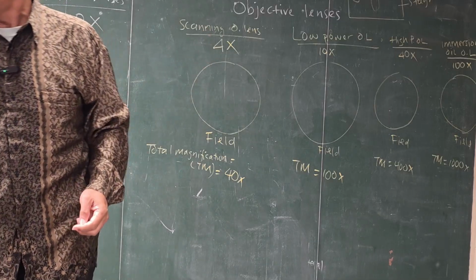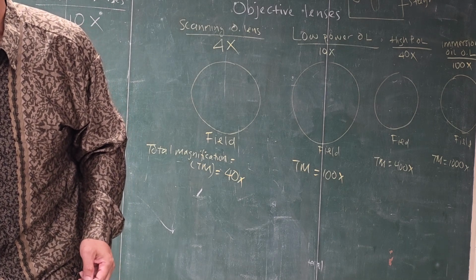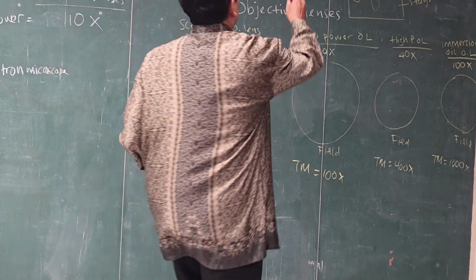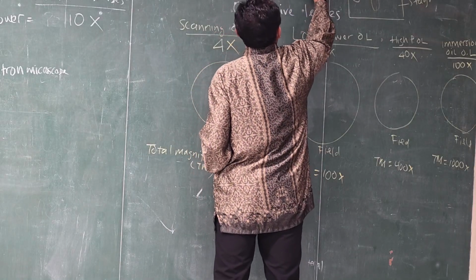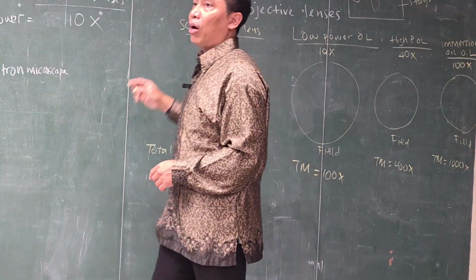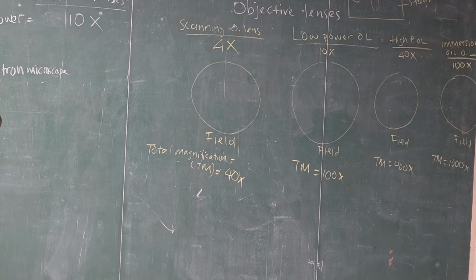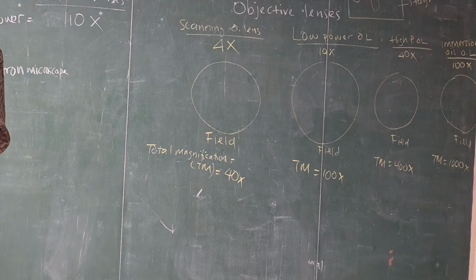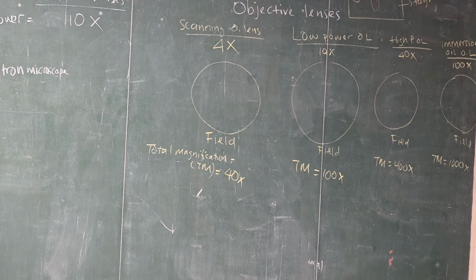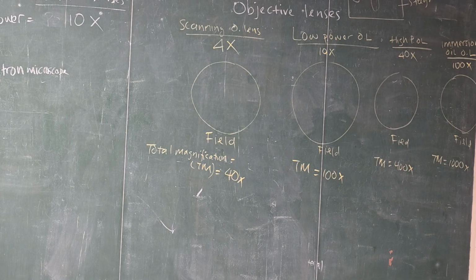Now the smaller one, the one that looks like the tip of a mountain on the side, which is this one over here, is called the fine adjustment knob. You're going to use it for the high power and immersion oil, and also low power, because it brings the stage down or up in a very fine movement.